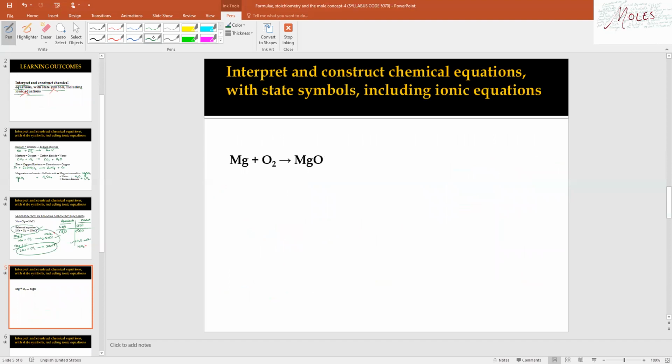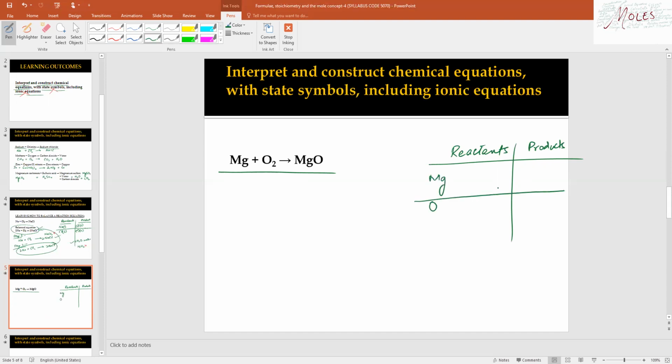Let's try another equation. This one looks easy. So reaction between Mg and O2 to get MgO. First, we will make a column on right hand side for the reactants and products and start counting the number of each reactants and products. Oxygen will be unbalanced on the product side.